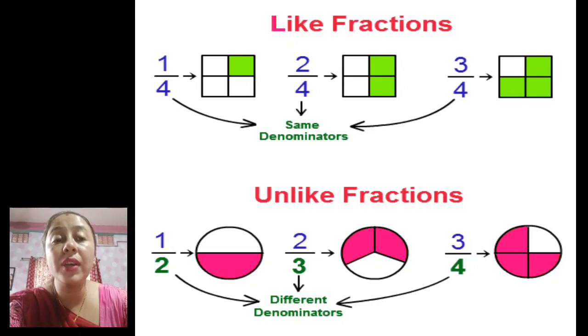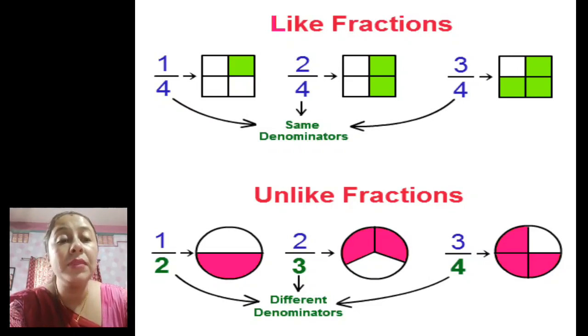The number above is known as the numerator and the number below is known as the denominator. If fractions have the same denominators, they are known as like fractions. For example, 1 by 4, 2 by 4, 3 by 4, all have the same denominator, that is 4. That is why we call them like fractions.